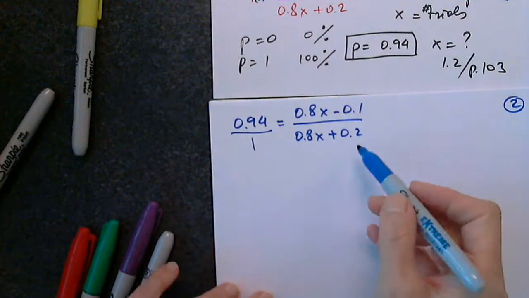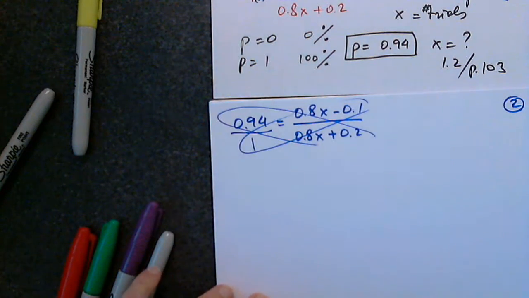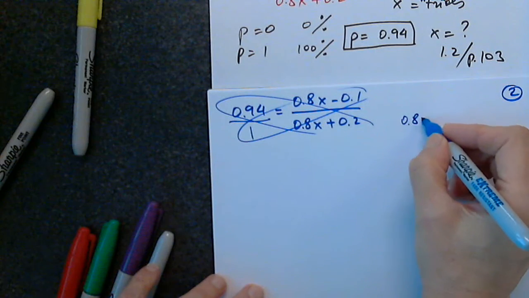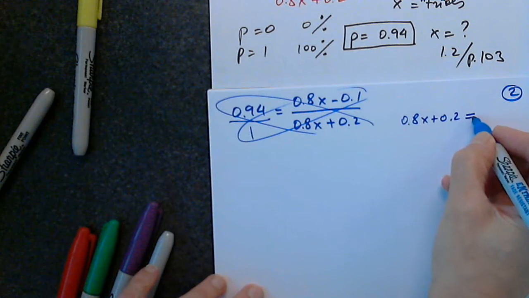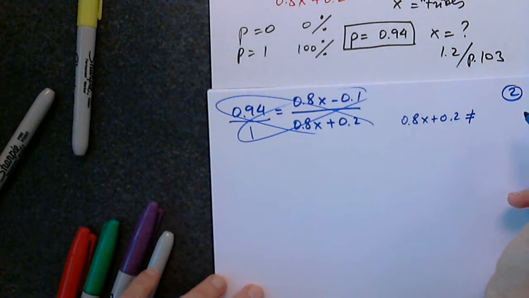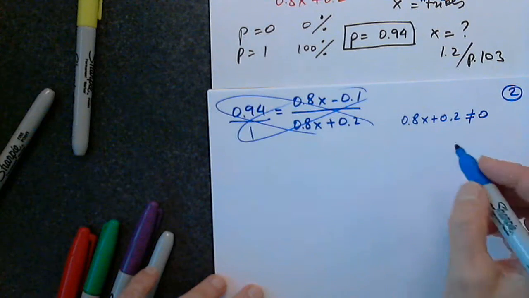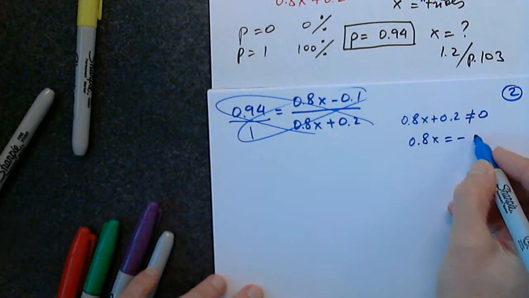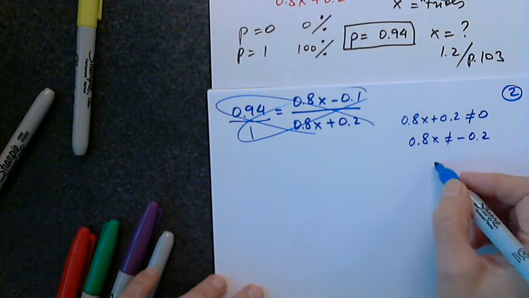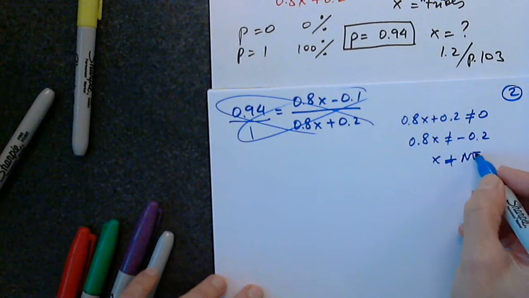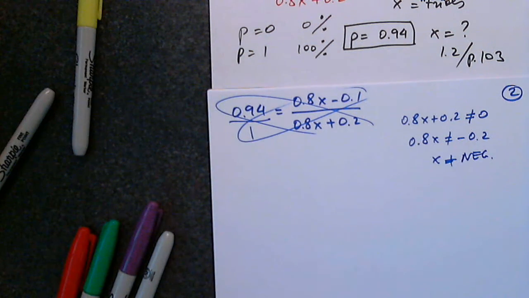Very good. So I should write that 0.8x plus 0.2 can never be 0. But in this particular case, it's not going to be 0 because look what happens. 0.8x does not equal negative 0.2, and x cannot be a negative number. X is a number of trials. So the denominator will never be 0, right?